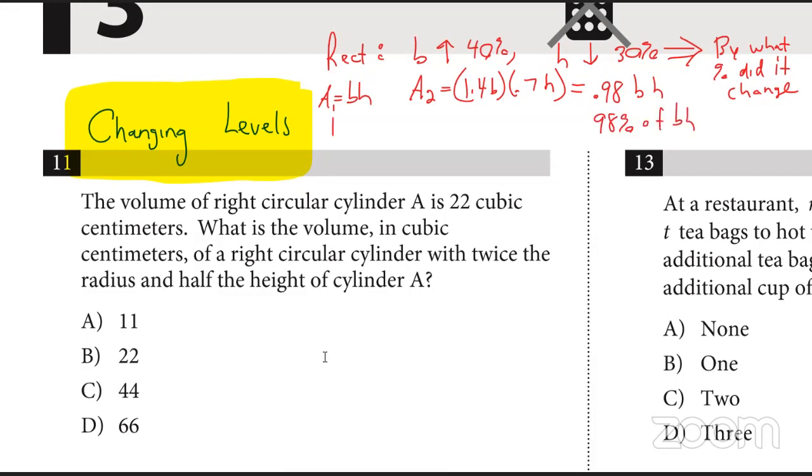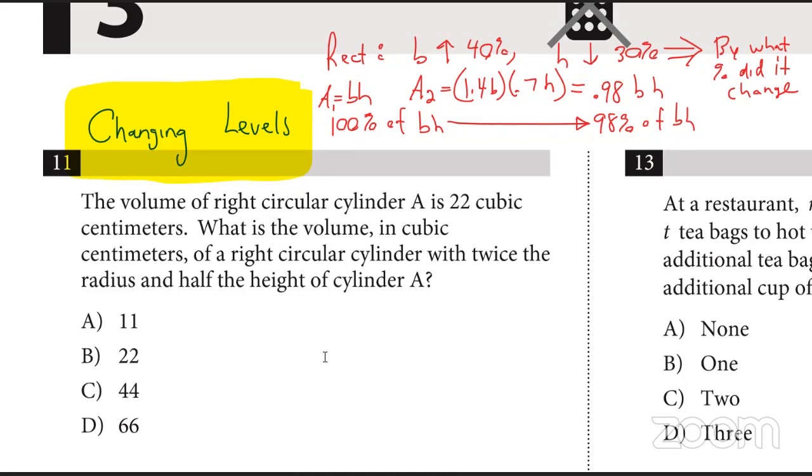So we started at 100% of BH, because anything really is 100%. 100% of you, if you're listening, is listening to this video right now, because numbers just naturally start at 100%. But then we go over to 98%, which means a loss of 2%. So that's the changing levels method.